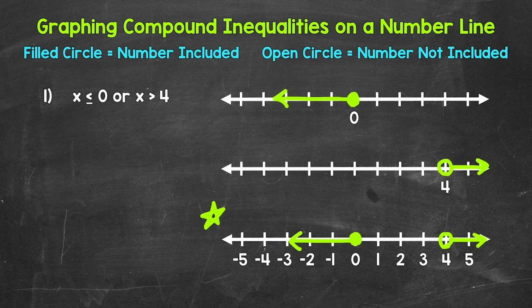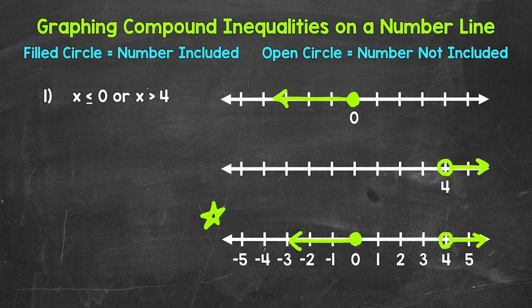So as far as solutions, some numbers that will work for x and make this compound inequality true, let's try a couple of numbers out. For example, will 2 work for x? Is 2 a solution? Well, is 2 less than or equal to 0 or greater than 4? No, so 2 is not a solution.